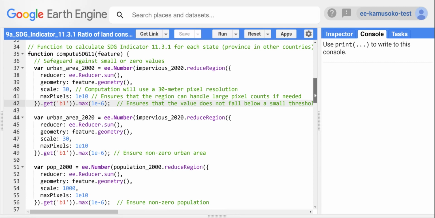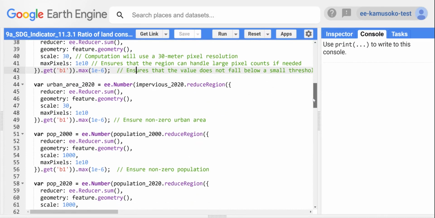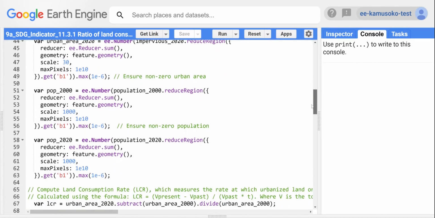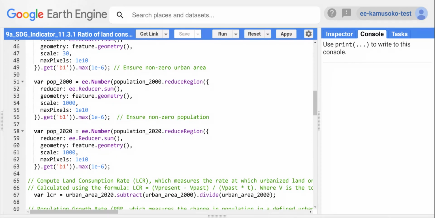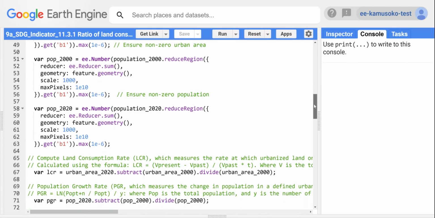This is the same for the urban area in 2020. We use the same function here. And for the population, again, we are using the reduce region method here for both the year 2000 and 2020 in order to calculate the total population for each state.